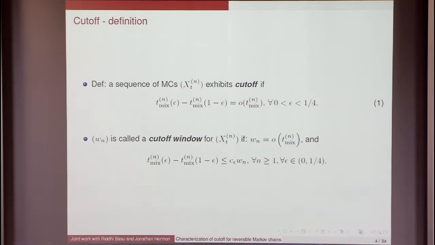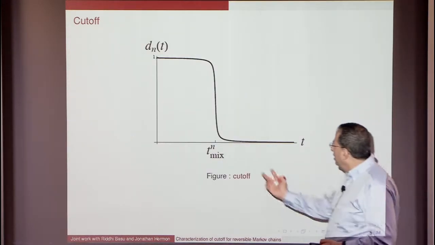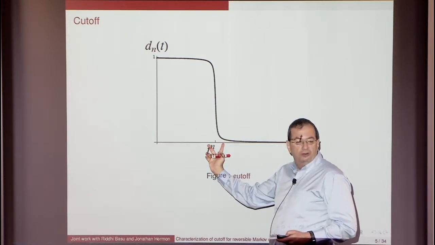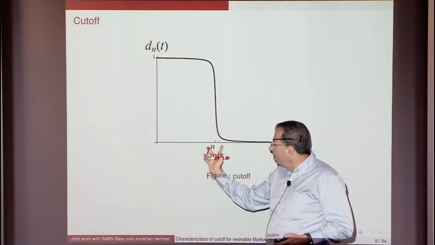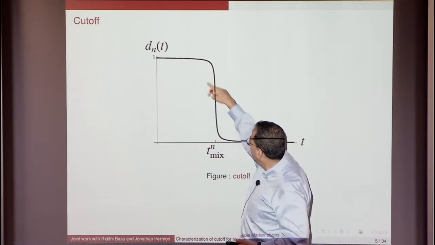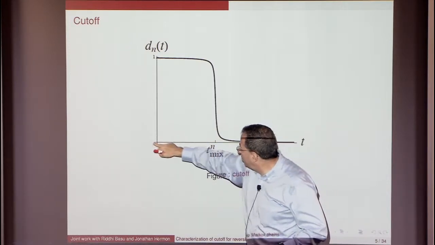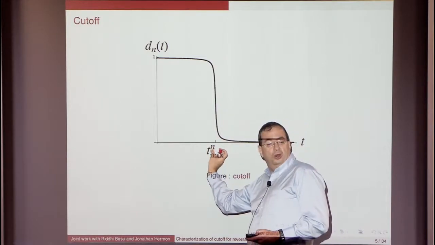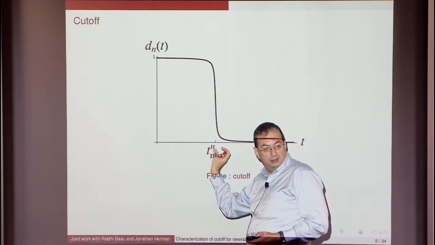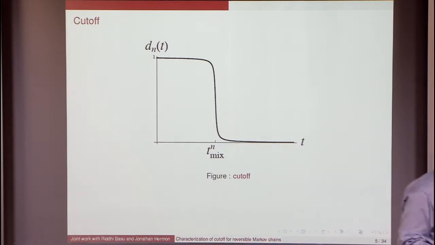So if you look at this graph and put a window here of width C epsilon n for the hypercube, then you'll go from 1 minus epsilon to epsilon within this window. So for the hypercube, T mix is n log n, and the window, which is smaller, order n, suffices to do all the action as far as total variation goes.